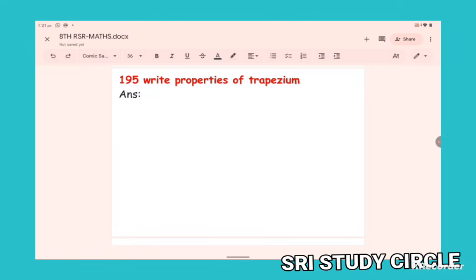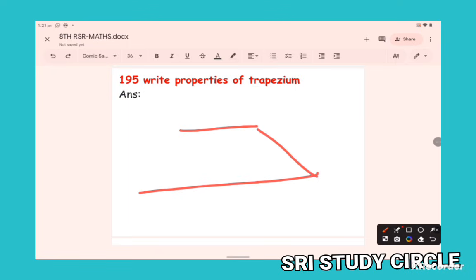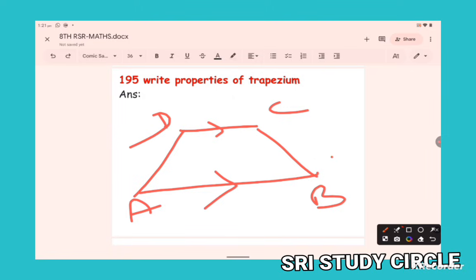Properties of trapezium. So this is a trapezium here, ABCD. Only one pair of opposite sides is parallel. AB is parallel to DC.